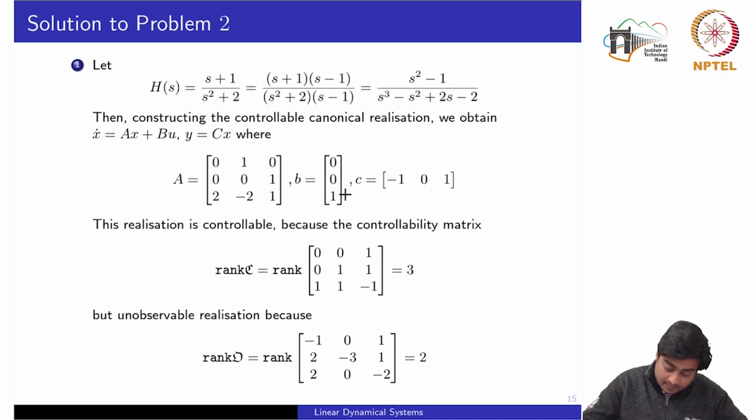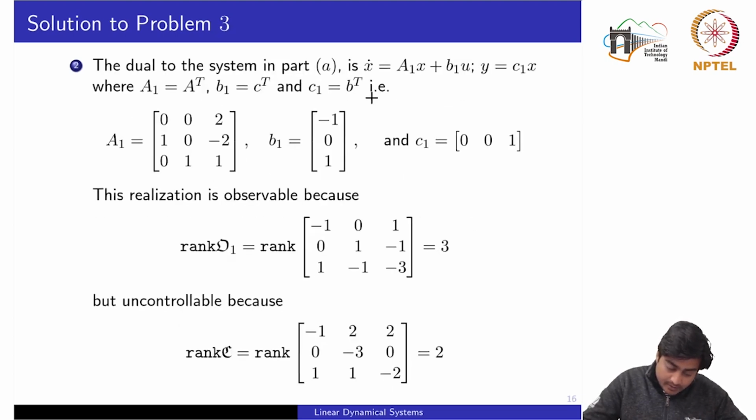Okay, so this realization is an unobservable realization. Why? One insight is that because we have added a common factor both in the numerator and the denominator polynomial, if we are seeing only the external signals, that is to say input and output signals, the transfer function would not be able to capture it.